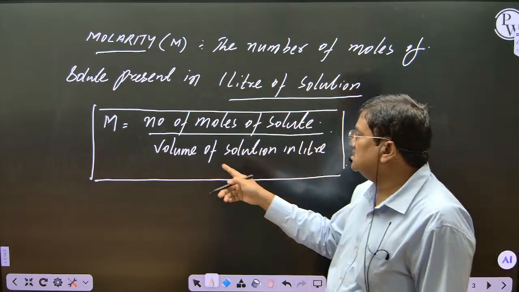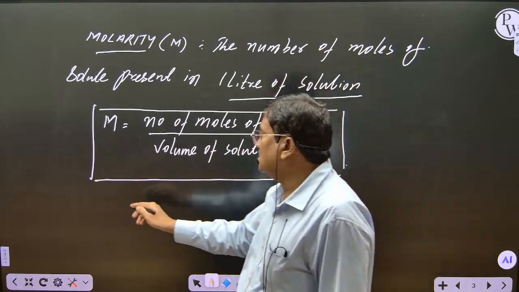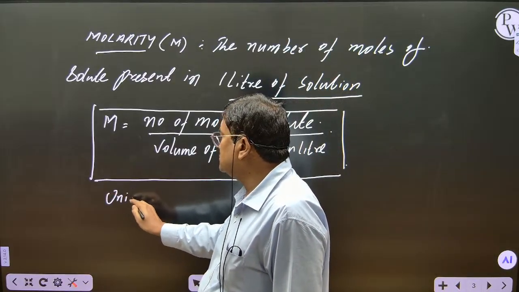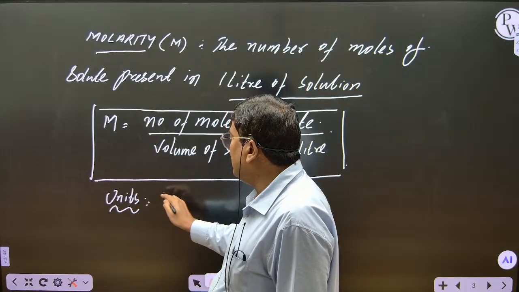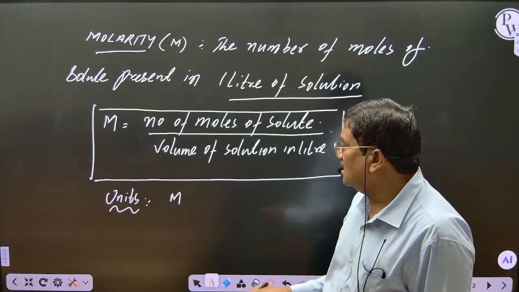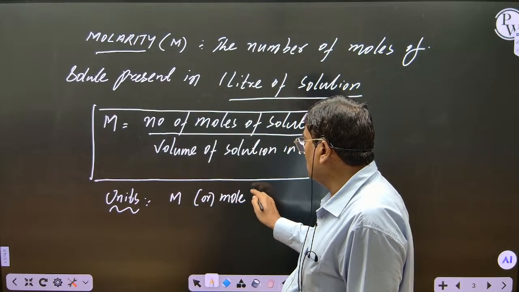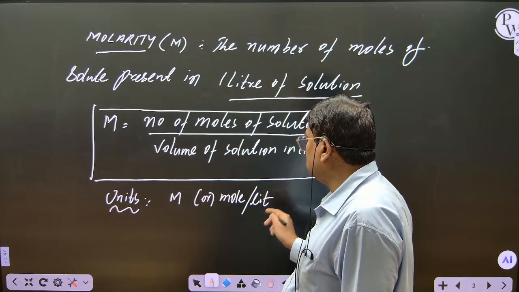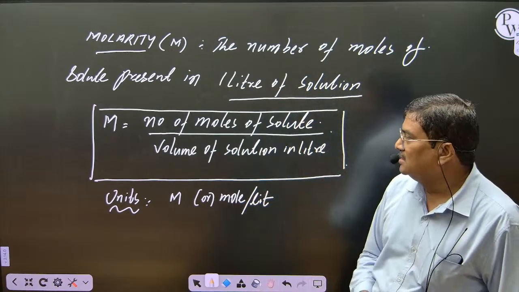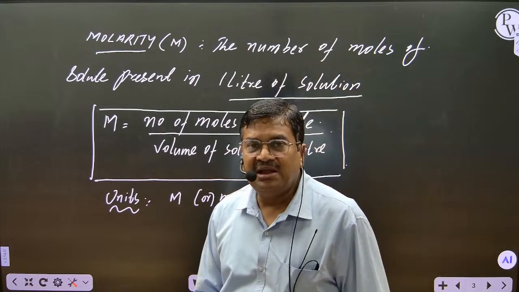Now, what is the unit for molarity? It is represented by capital M. Capital M means molar, or we can even write mole per liter. Mole per liter is the unit for molarity. Now, is molarity temperature dependent or temperature independent?